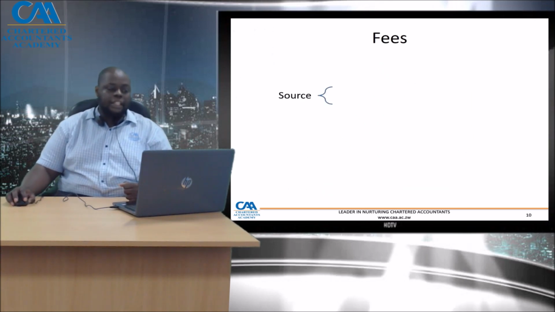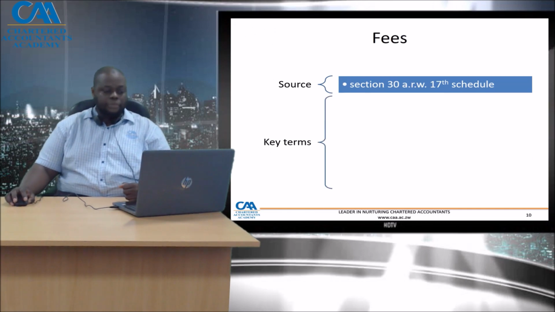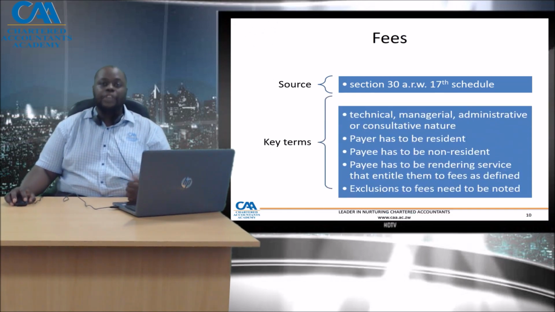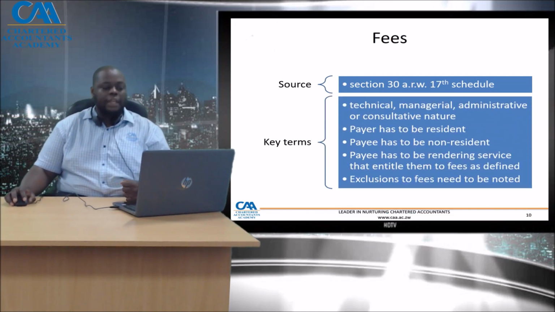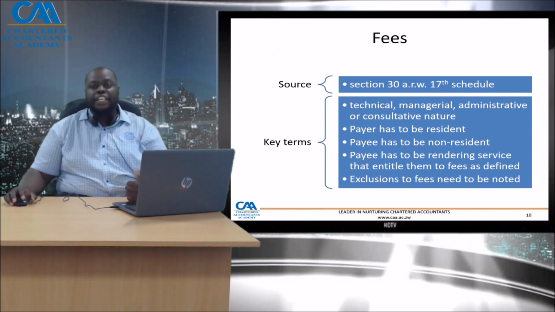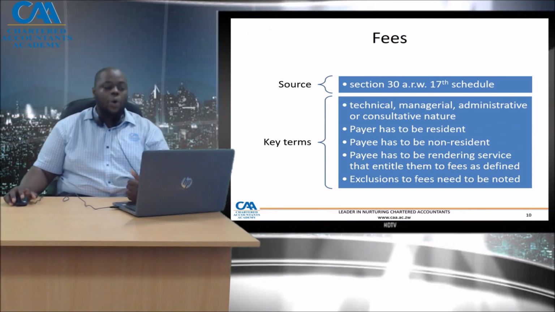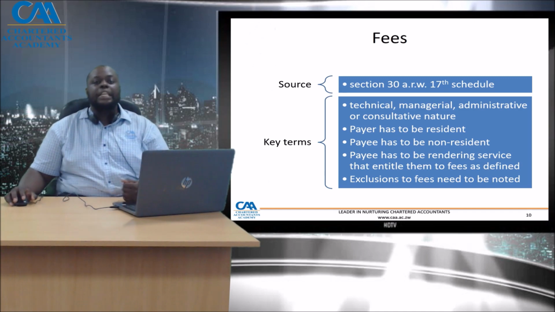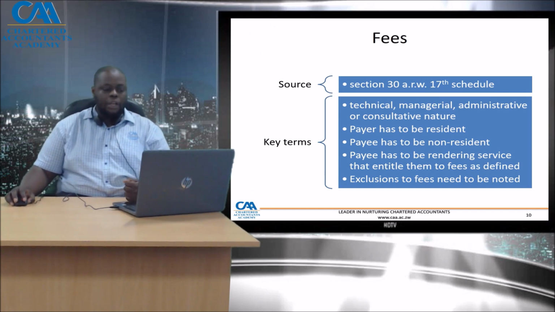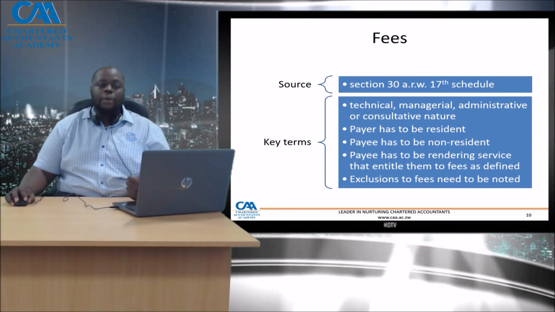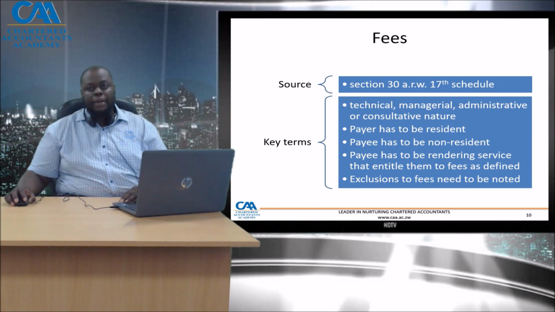What we need to understand there is, what are fees? These are amounts that are paid for services of a technical, managerial, administrative, or consultative nature. And when we're talking about fees, the payer of those fees firstly needs to be a resident of Zimbabwe.